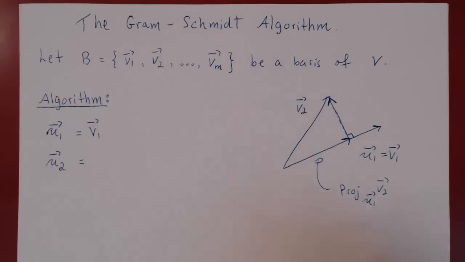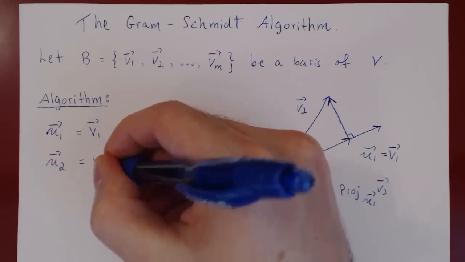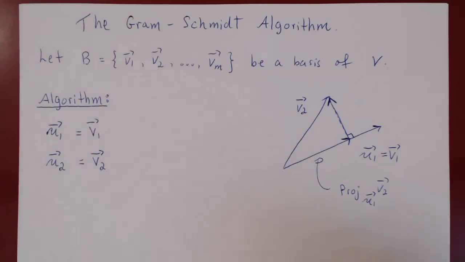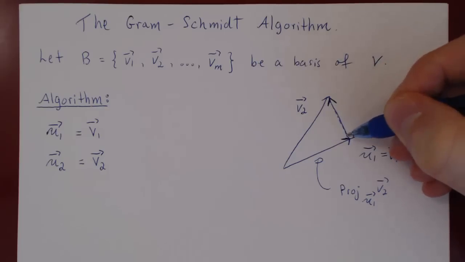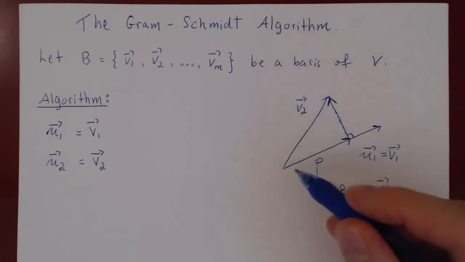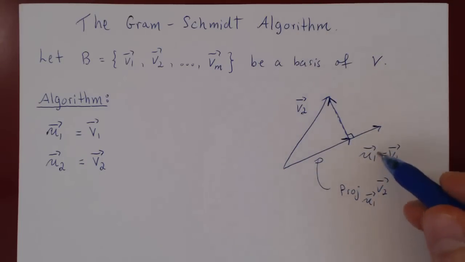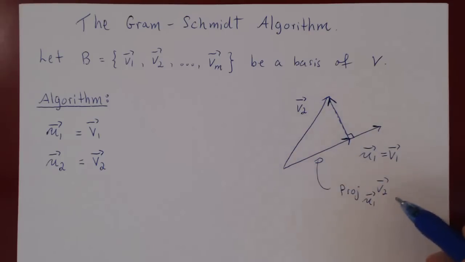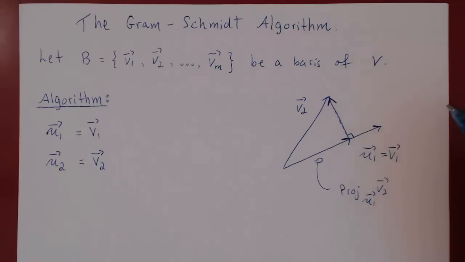And the argument is that we can now take u2 as vector v2, but we only keep the component of v2 that is orthogonal to u1, because the component of v2 that is parallel to v1, we don't need because we already have u1 to span this direction.